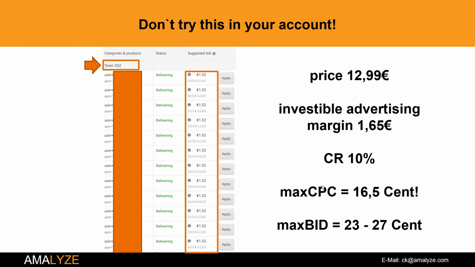Conversion rate 10%, and if you just calculate it through, you have a max cost per click of 16.5 cent, and because your bid is not matching your CPC, the max bid should be 23 to 27 cent, and nothing more than that. In euro, 32 cent is absolutely not to recommend as a bid. Just keep that in mind.